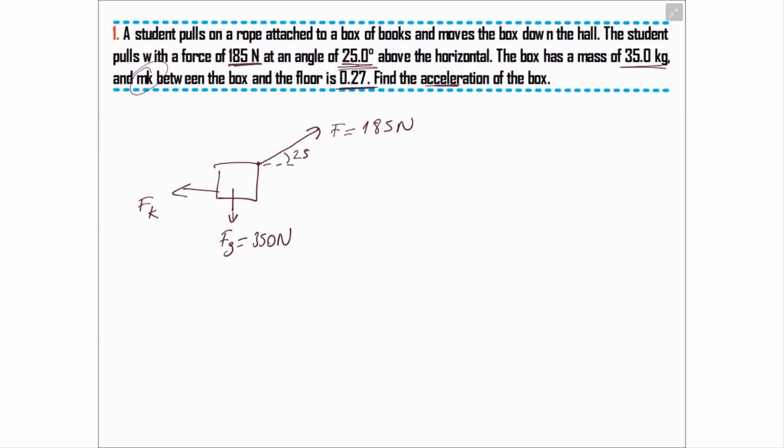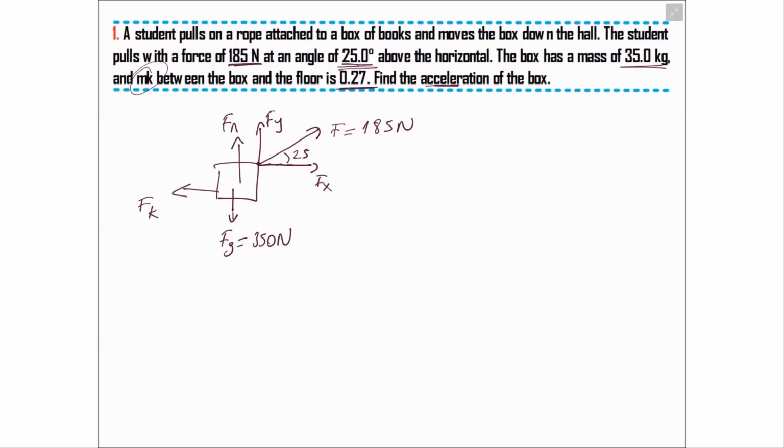In this type of question, firstly we have to draw the free body diagram. And what other force do we have? We have the normal force, which is upward. Then as a second step, we have to separate the force into components Fx and Fy.